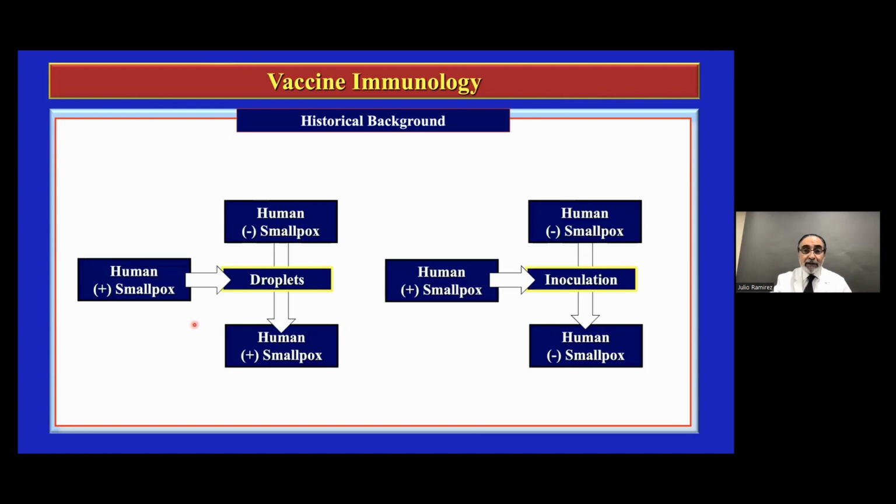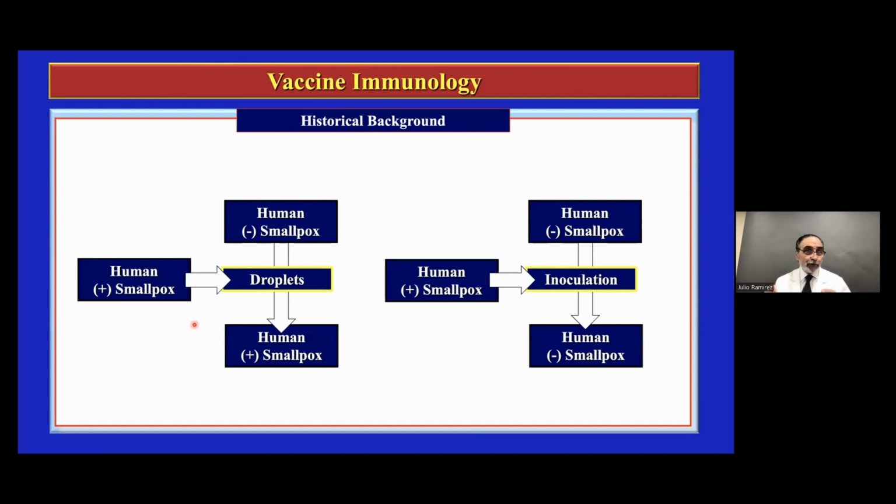Now, Jenner realized then that, I'll try to put here, if you have smallpox, you inhale through droplets, you get human smallpox, 30-40% mortality. You get inoculation, you get the scratch with a person with smallpox. You were protected, and with the inoculation, probably you may be sick for a couple of weeks.